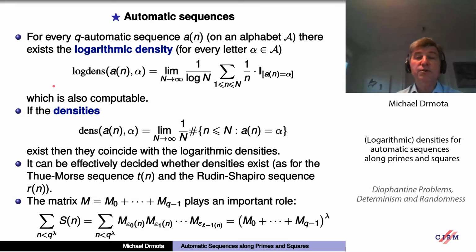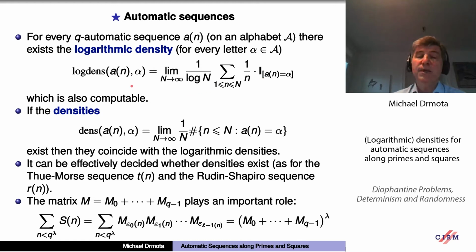And one important property that is also related to the topic of this talk is that every letter of any automatic sequence has a logarithmic density. So you just look at those n where the sequence A of n attains a value alpha and take the logarithmic average of this occurrence and you get the logarithmic density.